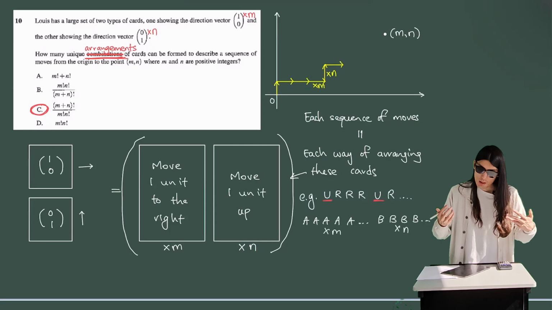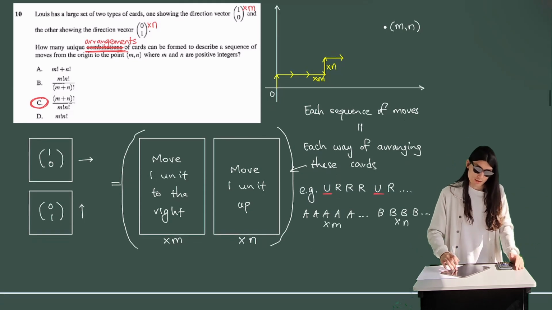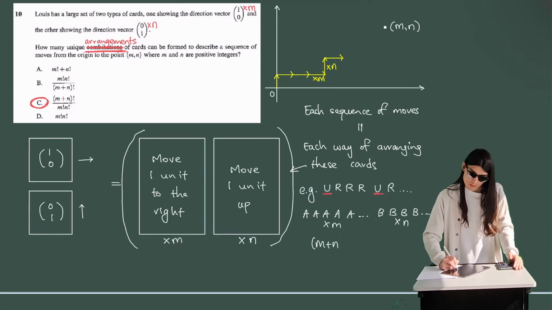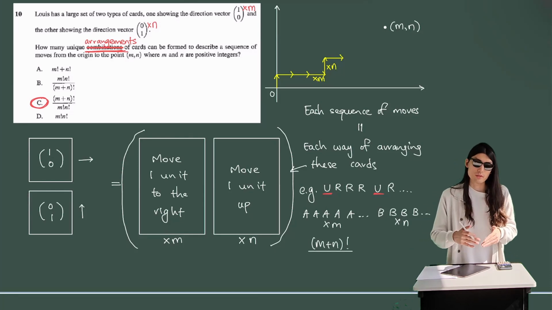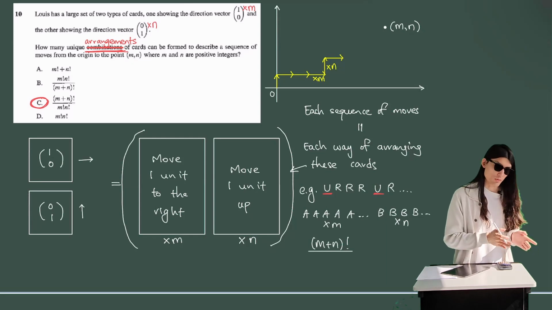How many cards do we have altogether? Well, we've got m plus n cards altogether, and the number of ways of arranging m plus n cards is, of course, (m plus n) factorial.